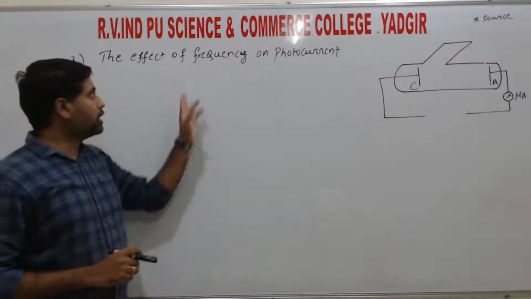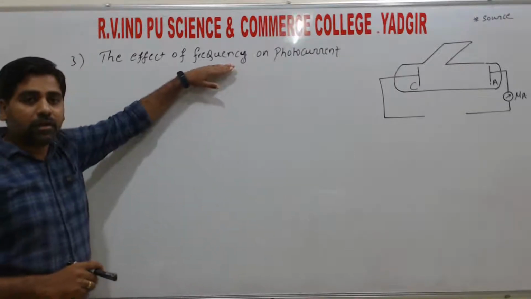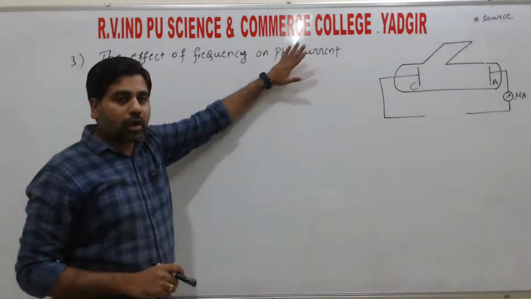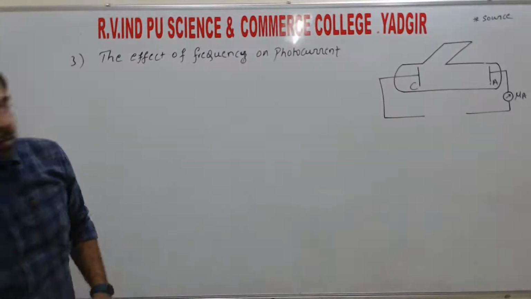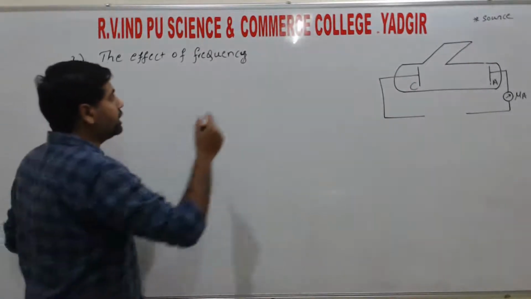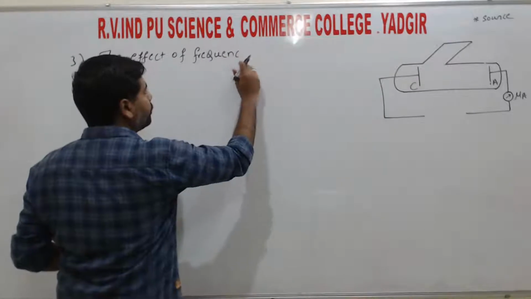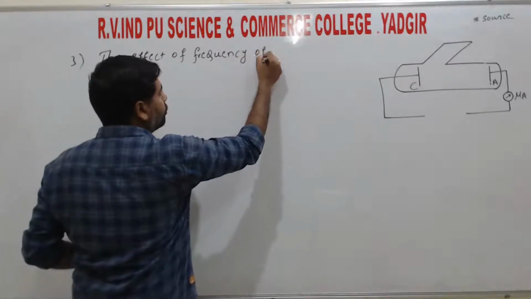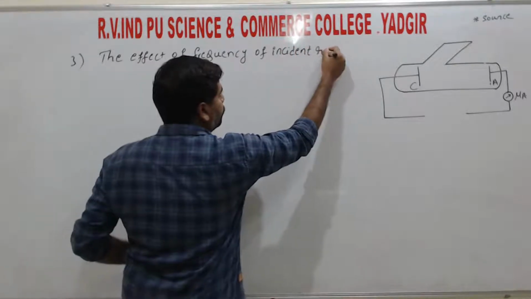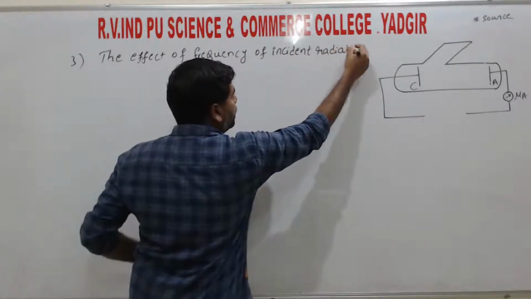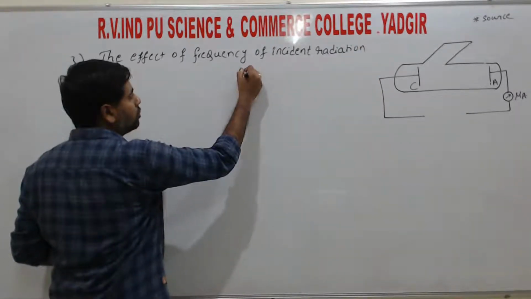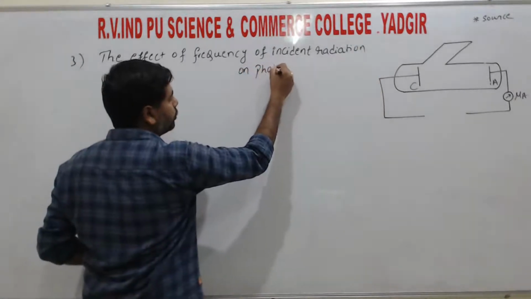In the third experimental observation, we will discuss the effect of the frequency of the incident radiation, or light, on photocurrent.